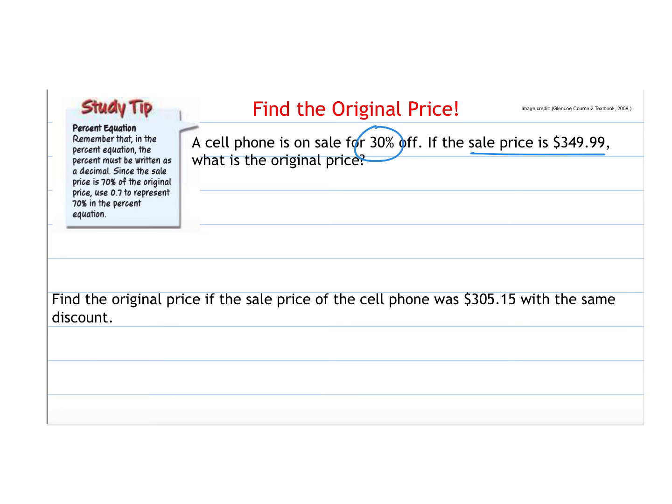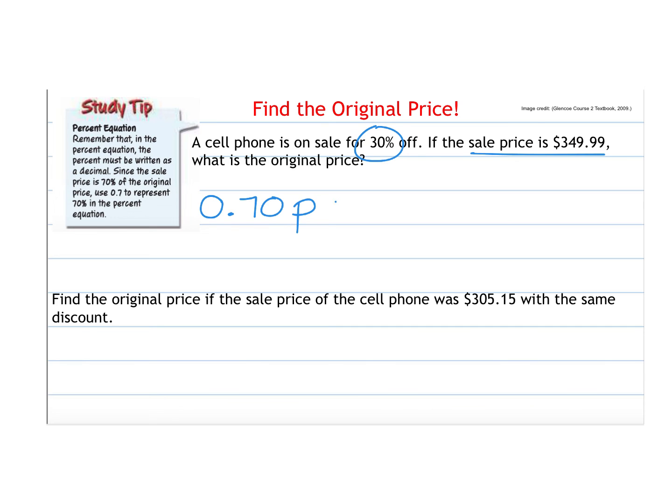But if I take 70% of the original price, it's going to take me right to the sale price. So for this one, we are going to use method 2, but we're going to use it backwards. So I'm going to take 70%, which is 0.70, times my original price.